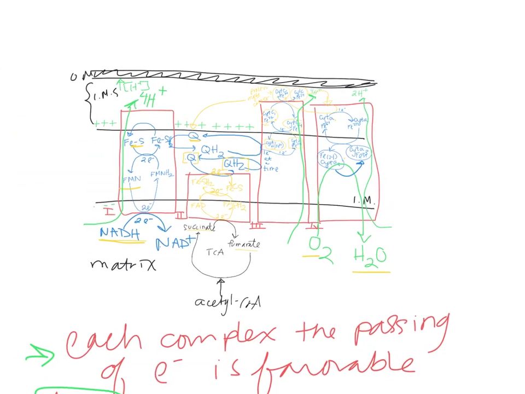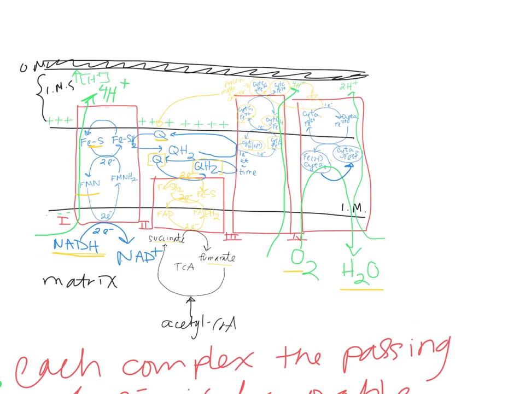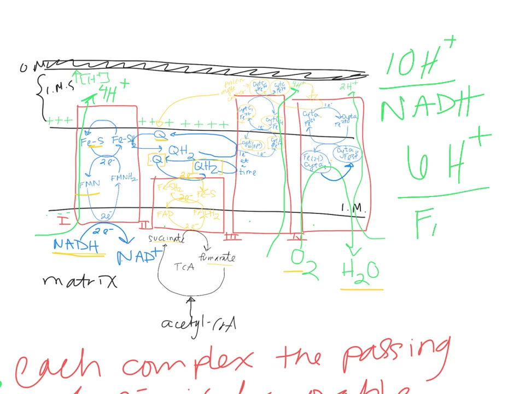So 4 plus 4 plus 2 is 10 protons being moved per NADH. And FADH2, because it starts at complex 2, will only pass electrons to 3 and 4. We get 4 plus 2, which is 6 protons. Poor FADH2. These are going to be important things to remember.